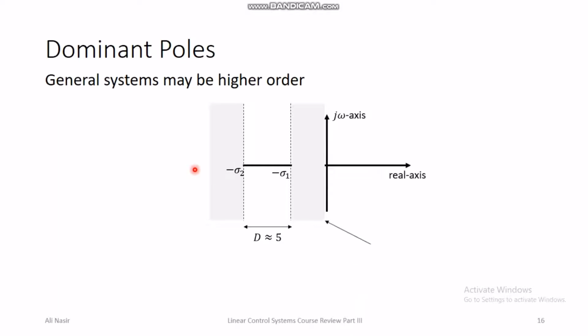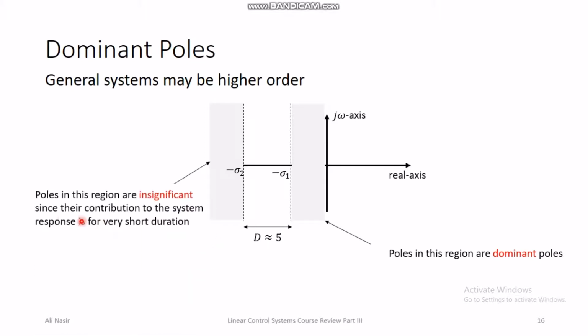So poles in this region are dominant poles, and the poles in this other region are called insignificant because their contribution to the system response is of very short duration. The time constant corresponding to any pole is dependent upon the distance of the pole from the j omega axis. If the pole is very far away from the j omega axis, its contribution to the step response of the system is of very short time duration.